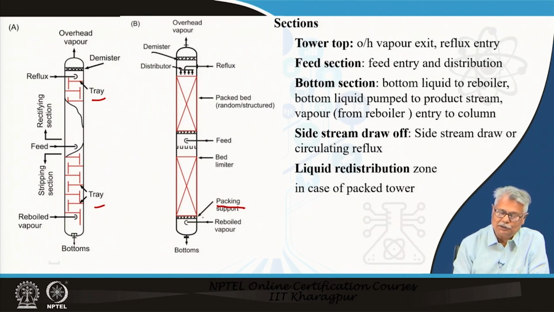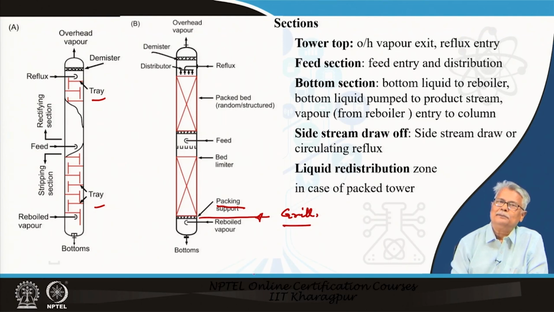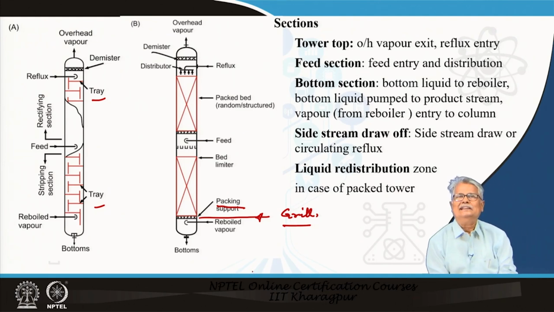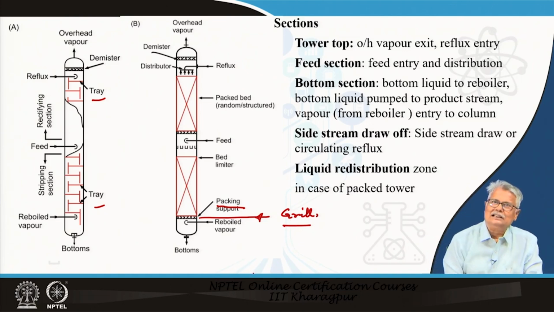So, often you will have a packing support. This could be a grill type of structure. It could be a perforated plate as well. It is obvious the opening in the grill or the perforated plate should be such that the packing element should not fall through those.